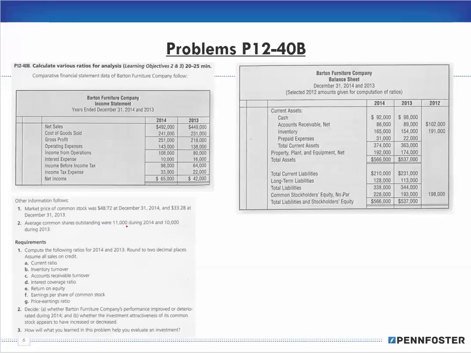Average common shares outstanding were 11,000 during 2014 and 10,000 during 2013. It says compute the following ratios for 2014 and 2013. Round to two decimal places, assume all sales are on credit.